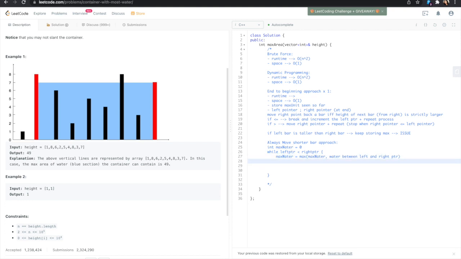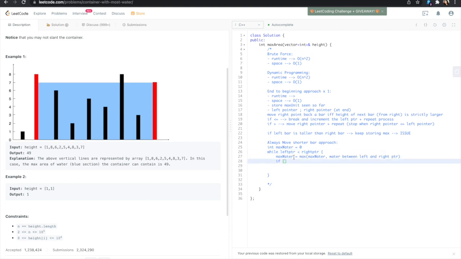So move either the left or right pointer, and we just get the min pointer. The left pointer is going to be an integer, which we initialize to 0, and then max height.